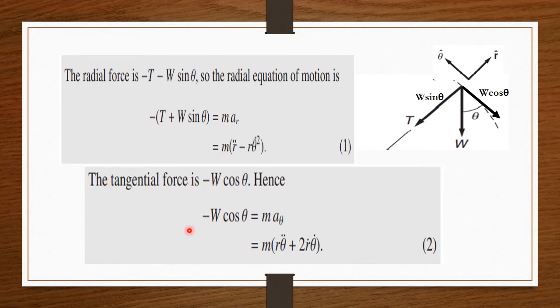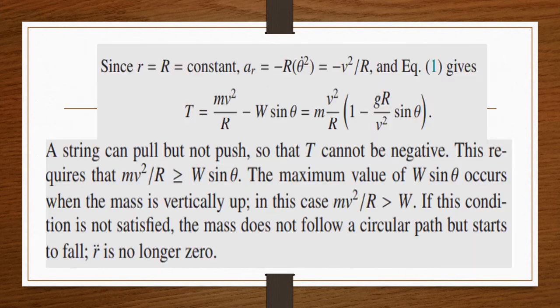So our tangential equation of motion will be minus W cos theta equals m a_theta, where a_theta equals r theta double dot plus 2 r dot theta dot. This is equation number 2. These are the two equations of motion along the radial and angular directions. Now we have to solve these two equations.